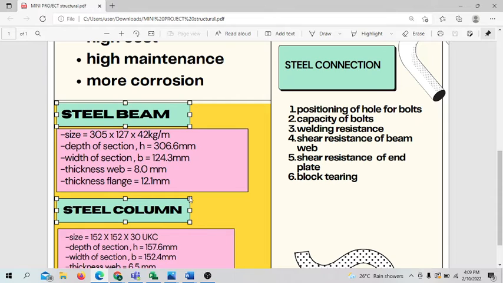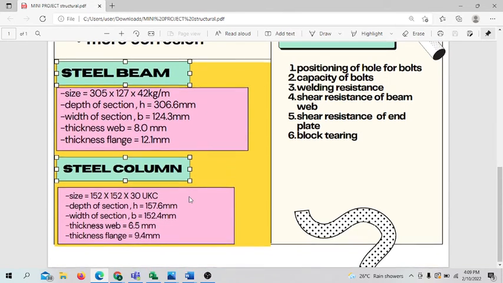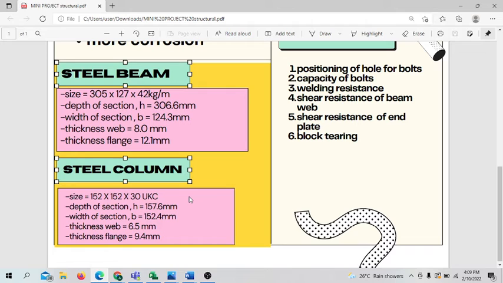All the data that we get is from the steel appendix that Miss Narita gave us while we studied.